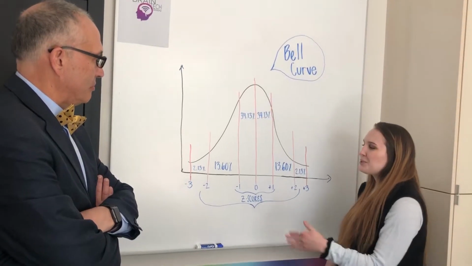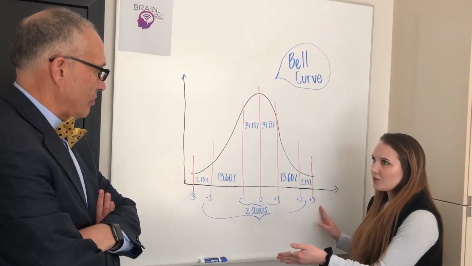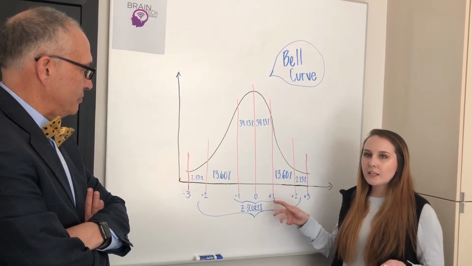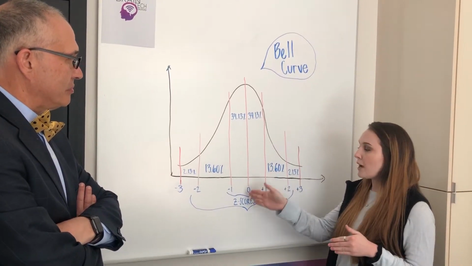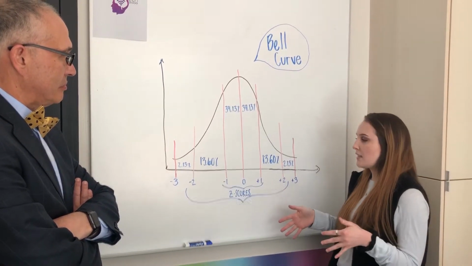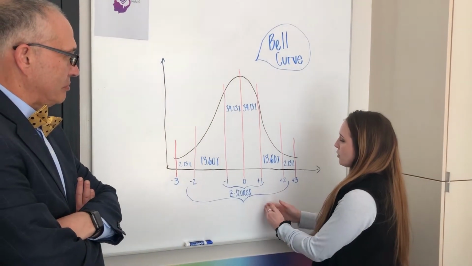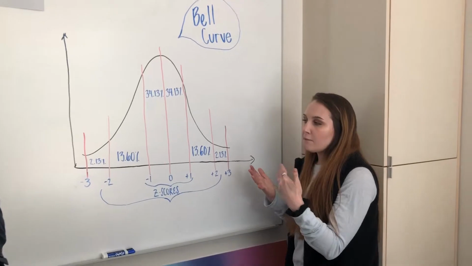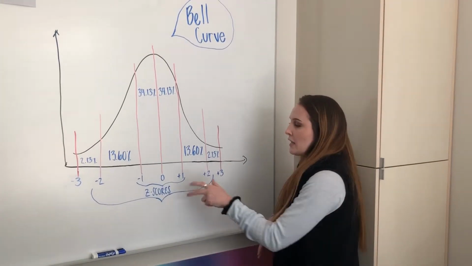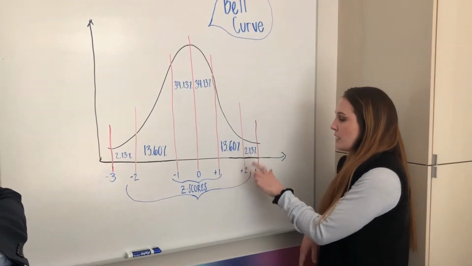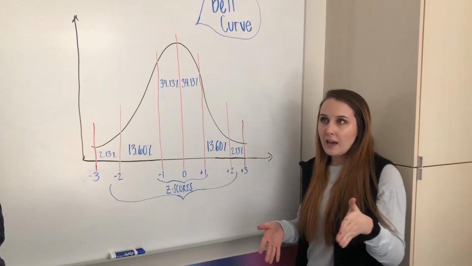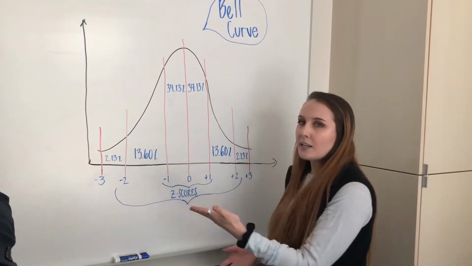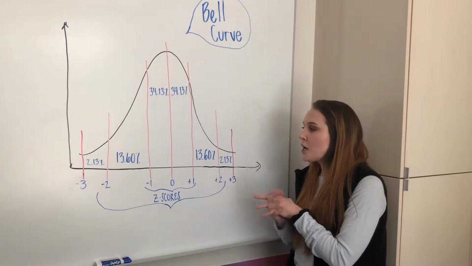Z-scores are computed between -3 and +3. The 0 right here means that a score is directly on the average of the data set. The further away you get from 0 on the Z-score chart, the further away you are from the average. If you have something between +1 and +3, you are higher than the average, and between -1 and -3, you are lower than the average.